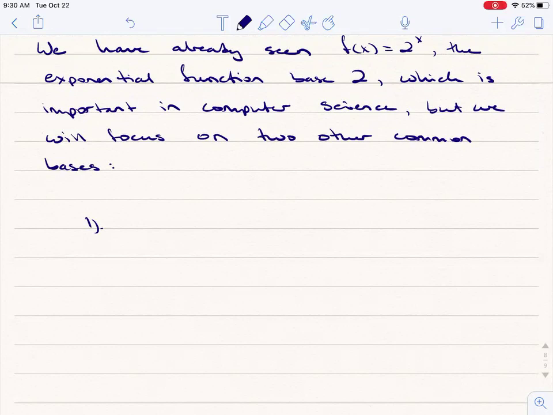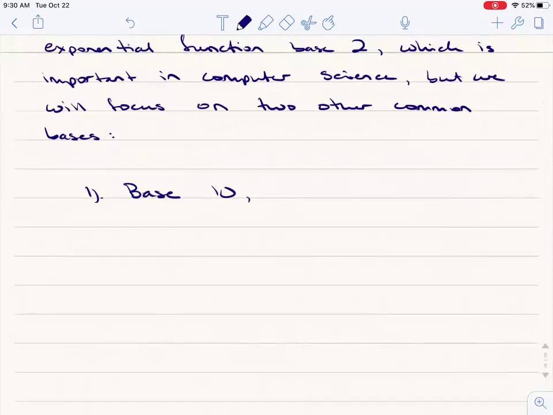So the first one is base 10, which is called the common base. This is usually for things of intensity, like sound, earthquake, acidity, right? And so that's when we've got base 10.